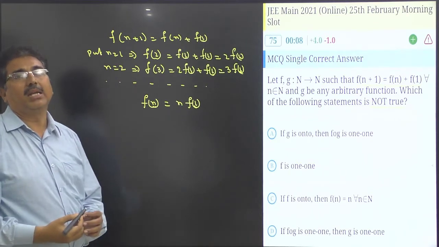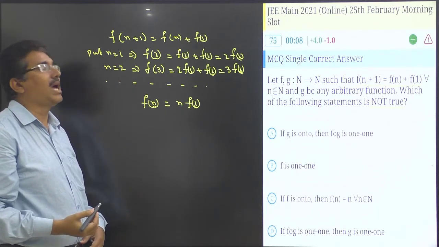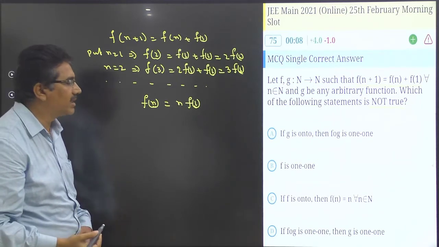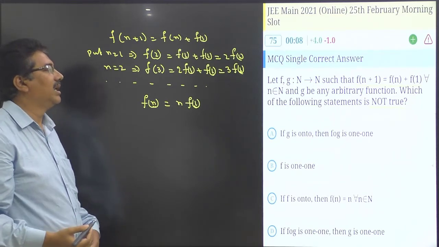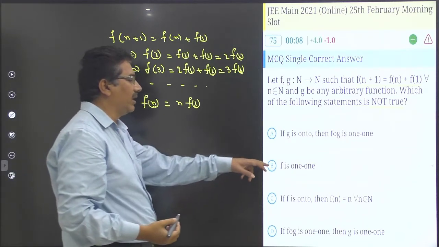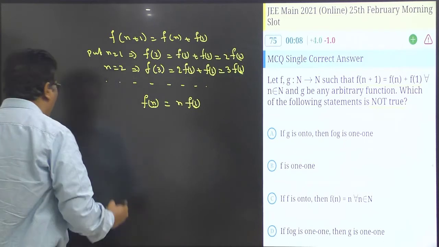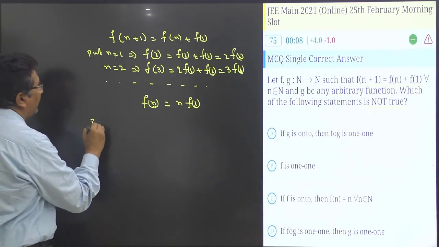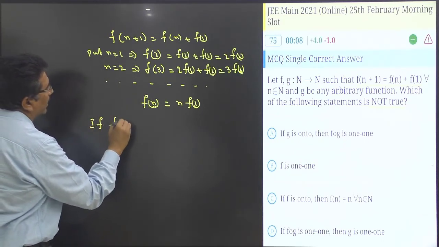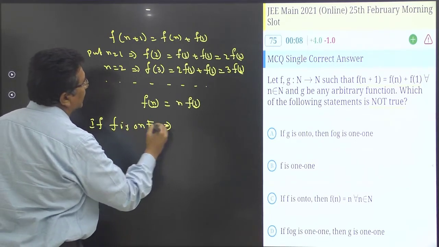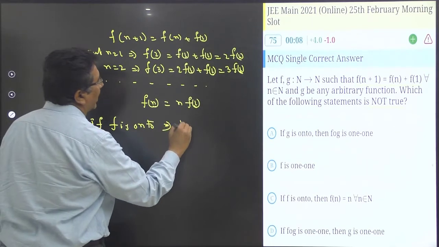Clearly, distinct elements have distinct images, so f is 1-1. If f is onto, f is onto means range is equal to codomain.